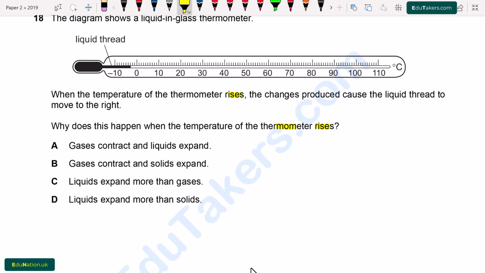Option A, gases contract and the liquid expands. This is incorrect. B, gases contract and the solid expands. This is also incorrect. C, liquid expands more than the gases. This is incorrect because the spacing in the gas molecules is larger as compared to the liquid. Option D, liquid expands more than the solid. So this is correct.